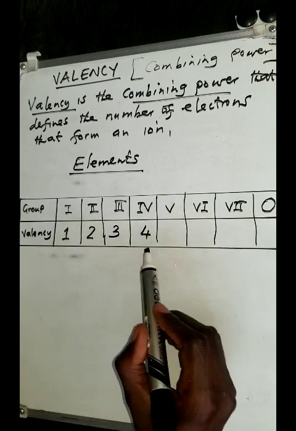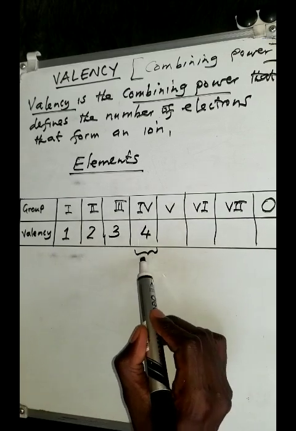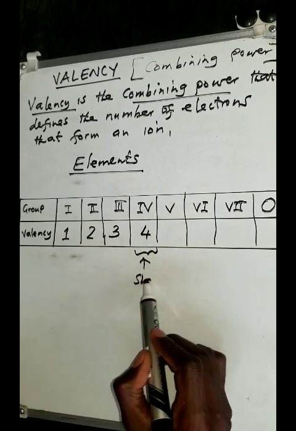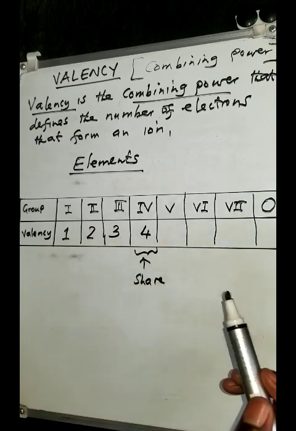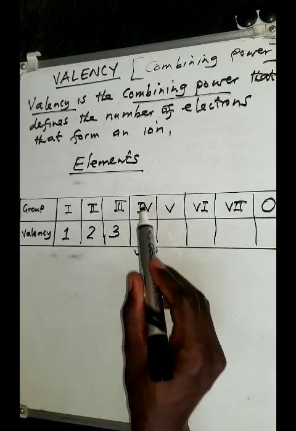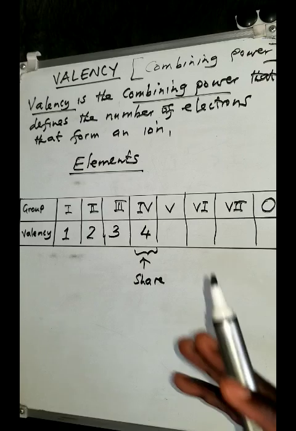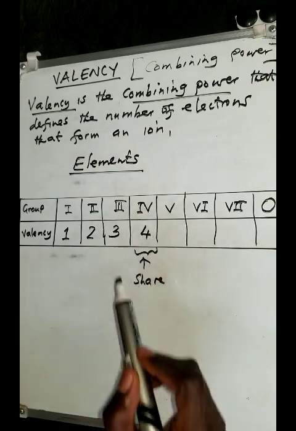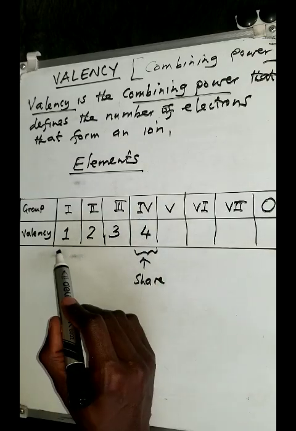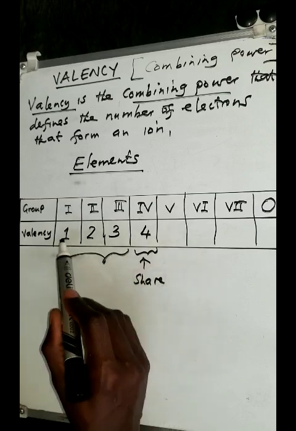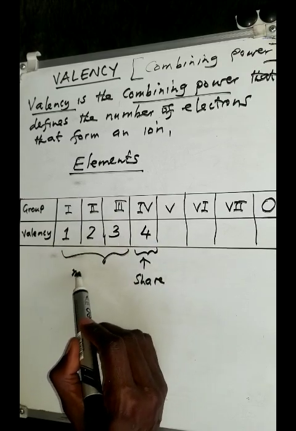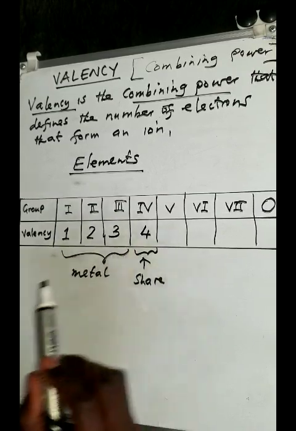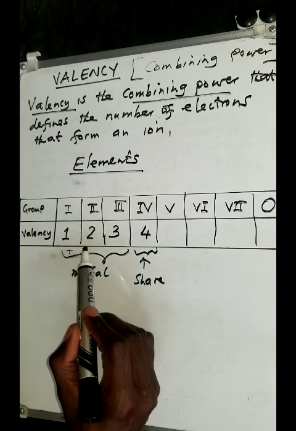In most cases, those found in group 4 love to share, so when they are forming a bond the valence will be 4. Those found in groups 1 to 3 are metals, and metals form positive charges.